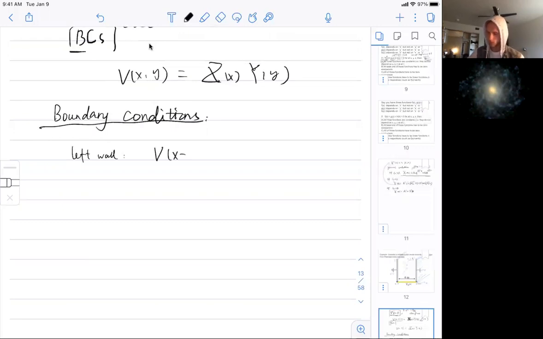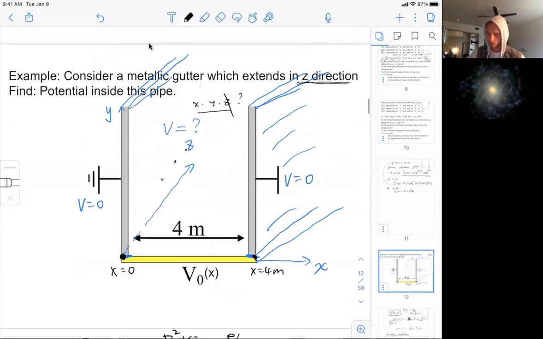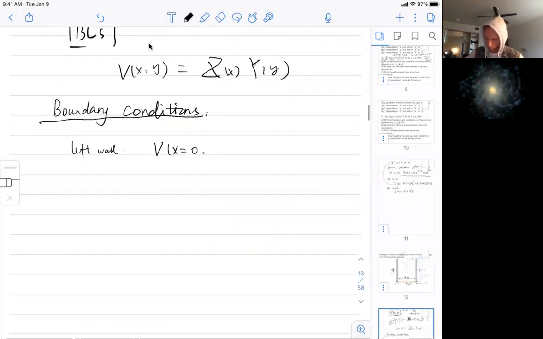is when x equals 0, and it's showing me above the x, right? It doesn't really tell us anything below y equals 0, so I'm going to say y larger than 0. The left wall is kept grounded, right?